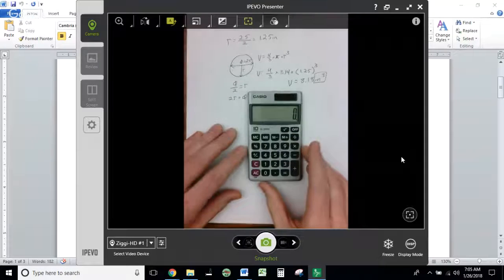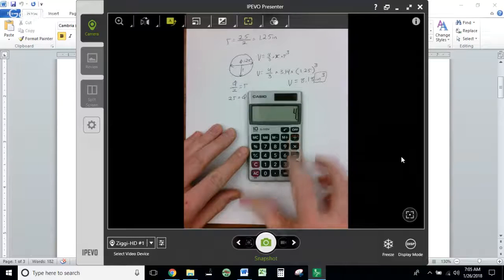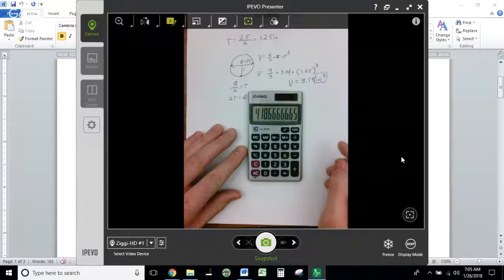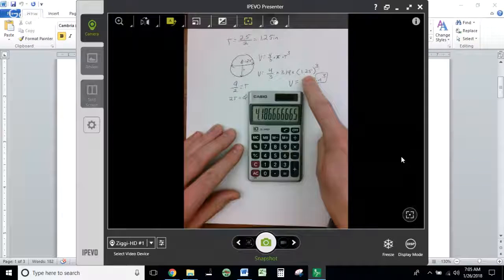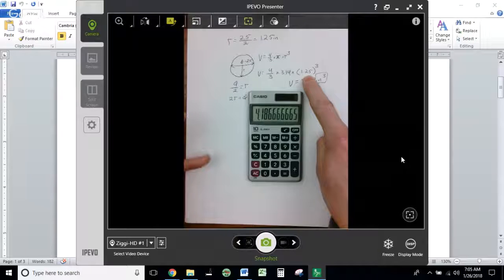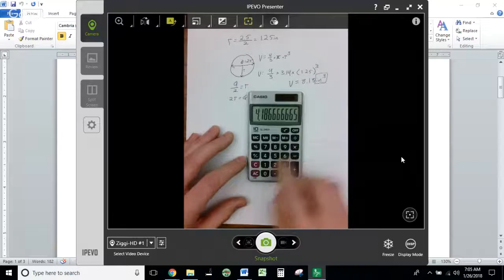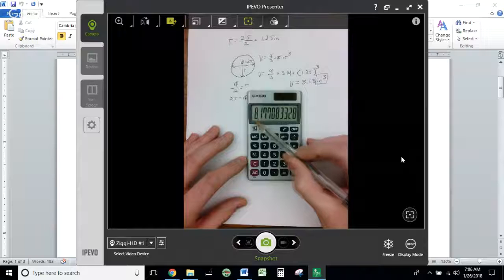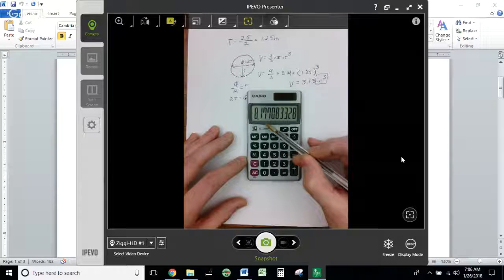So I can do very much the same thing. 4 divided by 3 multiplied by 3.14 multiplied by, well, 1.25 cubed is really just 1.25 multiplied by 1.25 multiplied by 1.25. So we can do that. So multiplied by once, twice, 3 times. 8.1 rounded up to 8.